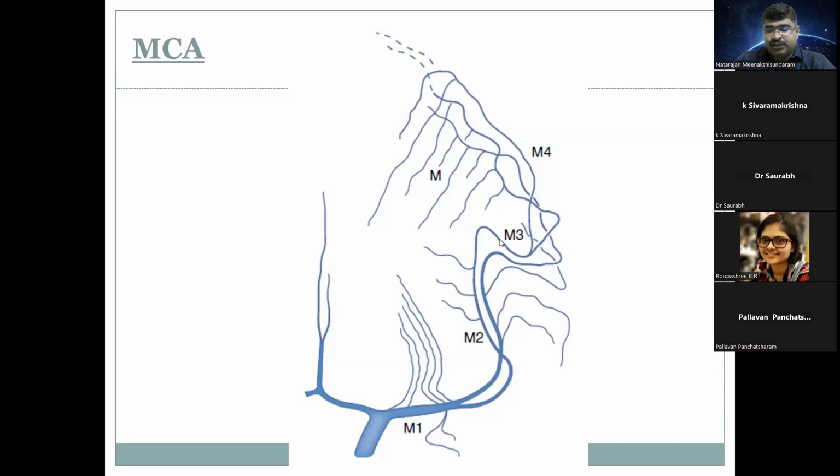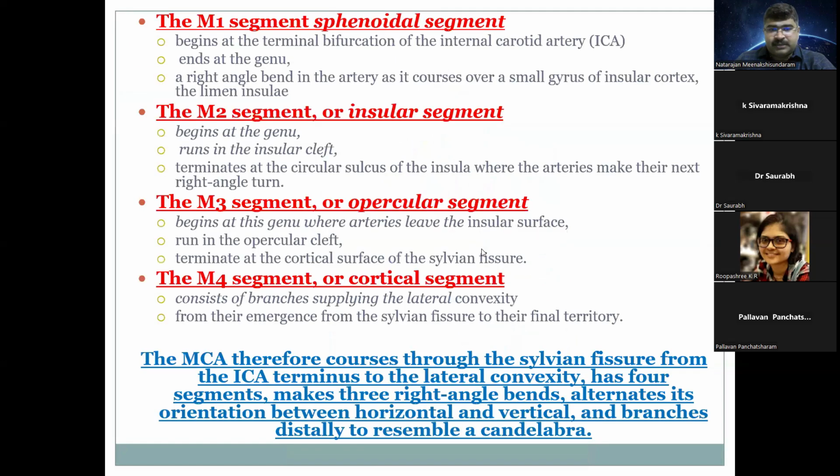So M2 extends from the first genu, runs vertically along the insula, and then along the circular sulcus, it takes the next bend. So this complete vertical part between the two bends, or the two genus, is the M2 or the insular segment.